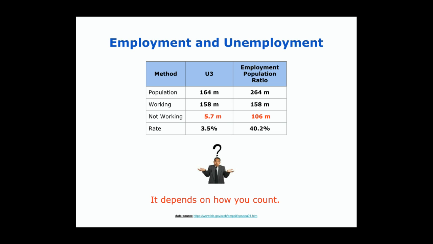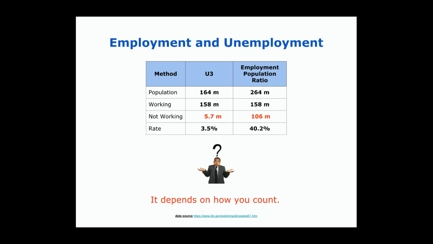But we can use another way of calculating it, the employment to population ratio. Now the number of people not working is not just the unemployed, but also the people who are not in the labor force who are not working, and that's 106 million people. In that case, the population is larger because it includes really all the people who could be working. Now the rate of people who are not working is 40.2%, which sounds like a very big number.